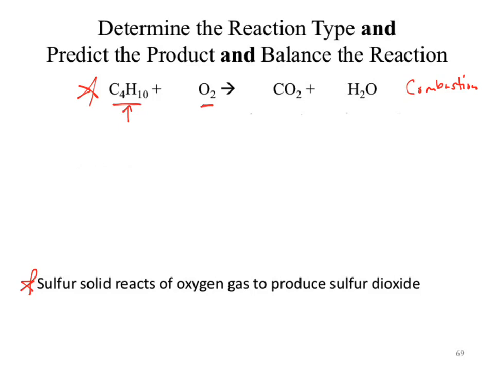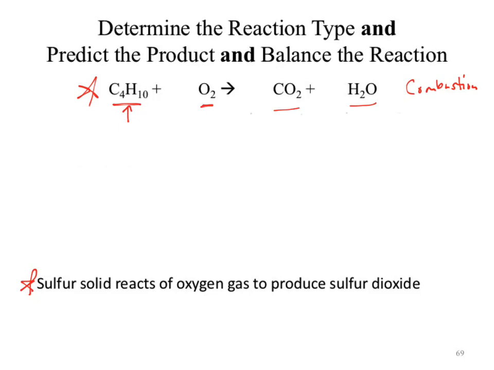The other big tip-off that it's a combustion reaction. All combustion reactions produce water and CO2. Everything about that equation screams combustion. Okay? How do you know all those bits of information? Well, that's why I have summary slides that go through and tell you what to look for.